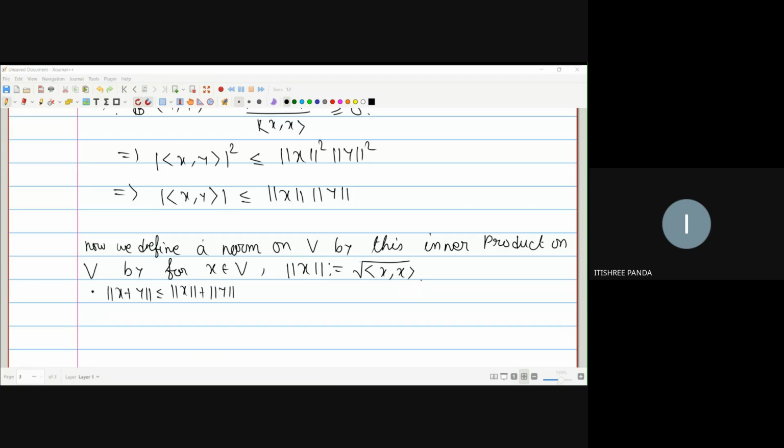The real part of the inner product of x comma y is less than or equal to the product of the two norms by the Cauchy-Schwarz inequality, then it will be a perfect square. Then if you take a square root, it will come out to be norm x plus norm y.